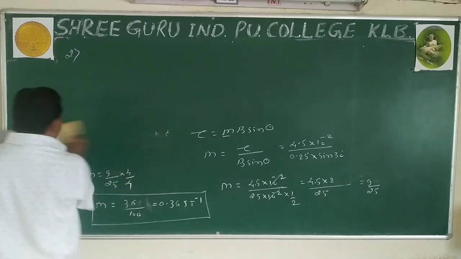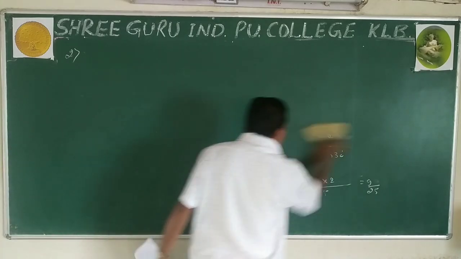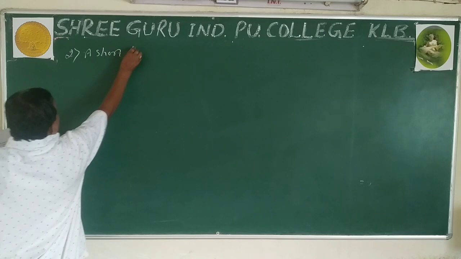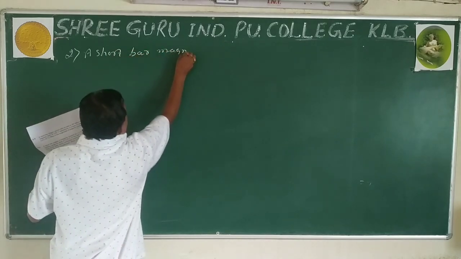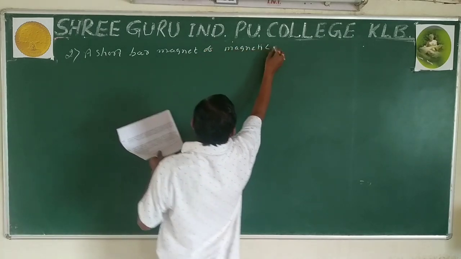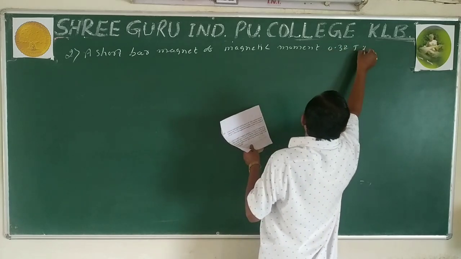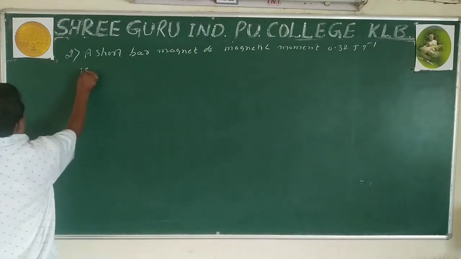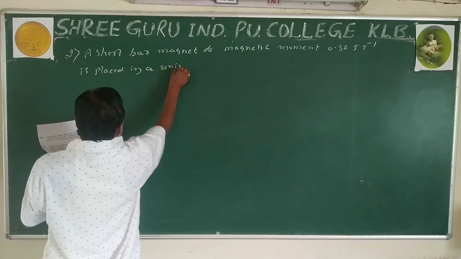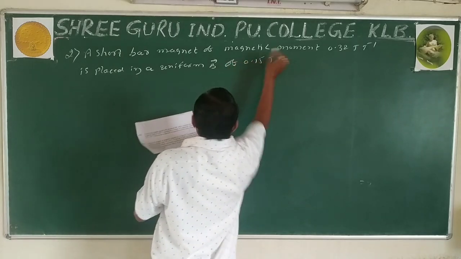A short bar magnet, I want to remove this completely. A short bar magnet of magnetic moment 0.32 joule per Tesla is placed in a uniform magnetic field of 0.15 Tesla.